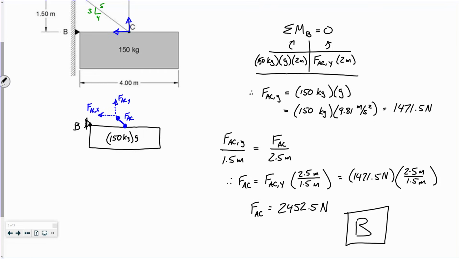And a lot of times you'll find that the choices given in problems like this, you won't see 2452.5. You'll see 2450. Most of the time the exam is not trying to give choices like 2450, 2451, 2452, 2453.